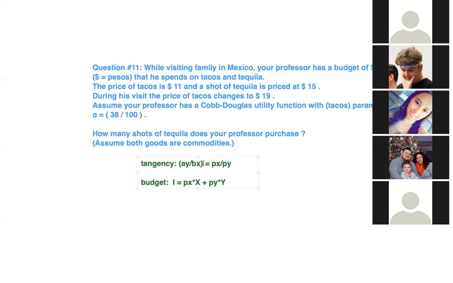And again, that's because this left side of the equation, right here, that left side is the slope of the indifference curve, and the right side is the slope of the budget constraint.